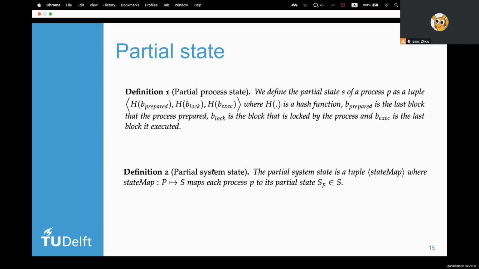The system state is defined as the set of states of all processes within the system. We map all of them into a state map. We calculate the hash of the state map once and store it to test whether two states are equal based on their hash values.